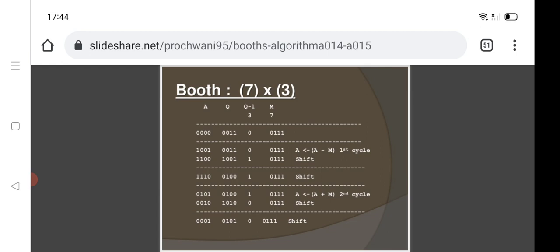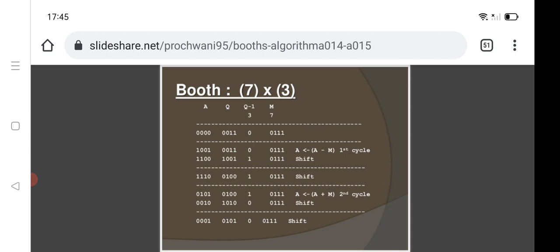Whereas for the accumulator A, I am shifting all bits towards the right, which means the A LSB will be moved to the Q register, and 2 zeros and 1 will be shifted. In the A register, the MSB bit is the same value as the previous MSB bit. Before the shift, what is the MSB bit of the A accumulator value? It is 1. The same thing will be loaded after the arithmetic shift right operation. So this is your first cycle completed.